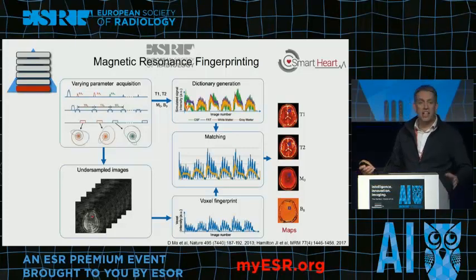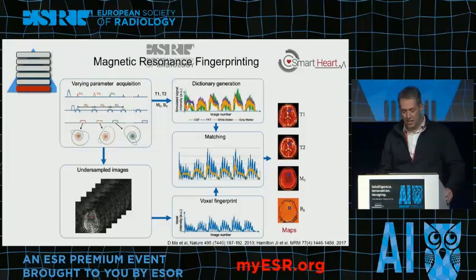If I randomly sample my acquisition space, I can then use a so-called dictionary approach to reconstruct all my images. So I'm fitting these dictionaries to my undersampled data, and I can now reconstruct any arbitrary tissue contrast from these undersampled acquisitions.